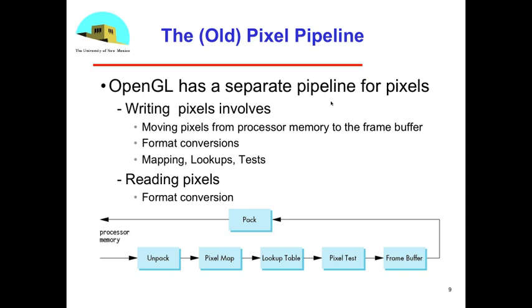We can emulate it, but this will give you an idea of some of the issues that arise. So if you start off over here with your application, so that's processor memory, you have some sort of a standard image in some format. You've got to unpack that image into getting pixels that will be understood by the graphics system.